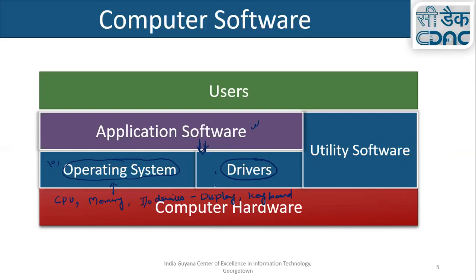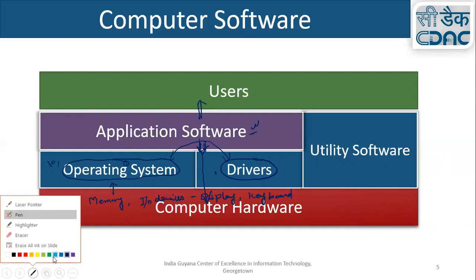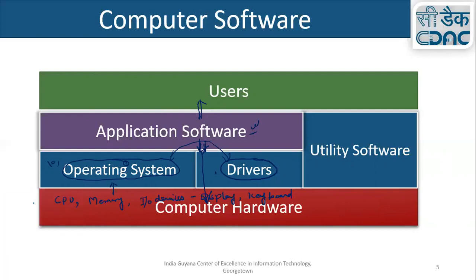Your application software never interacts directly with computer hardware. It interacts with your operating system, utilizes the functionality provided by the operating system, and gives some functionality to the user. Please remember this thing: the hardware provides some functionality to the operating system.